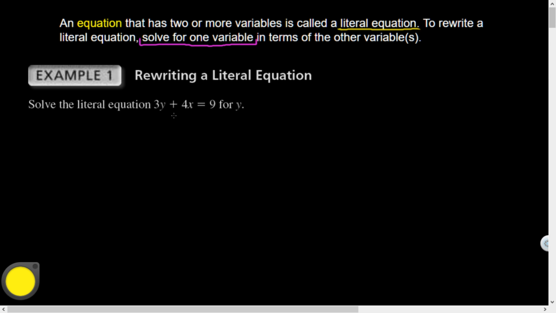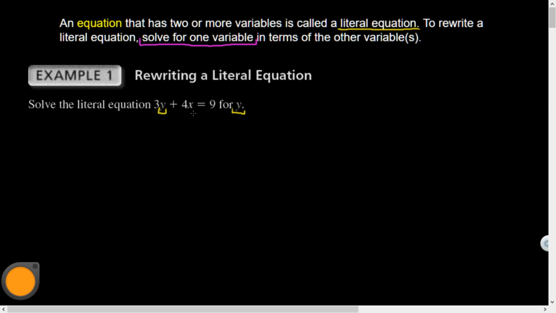Solve the literal equation 3y plus 4x equals 9 for y. So the variable I'm trying to get by itself is the y this time. That's my target. In order to get y by itself, y is currently being multiplied by 3 and added by 4x.